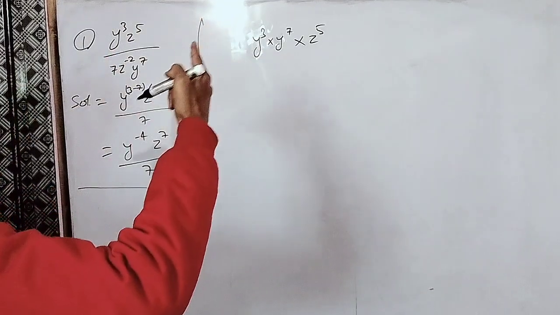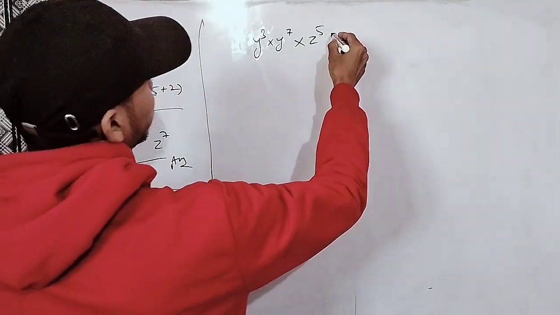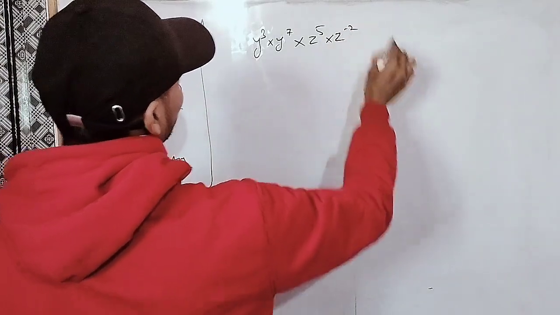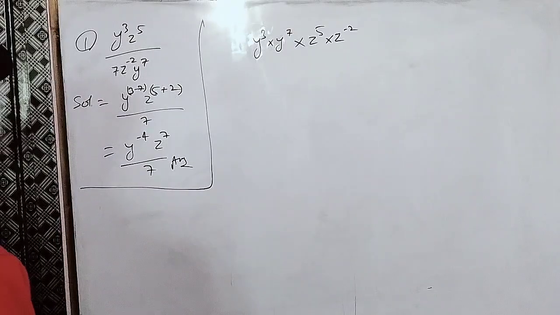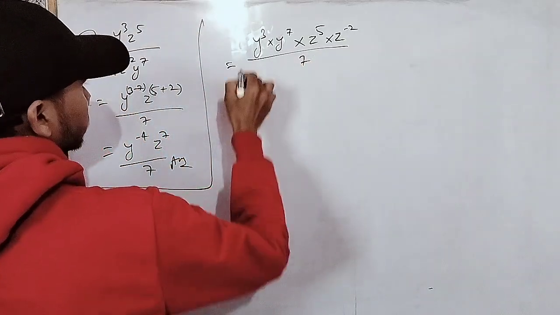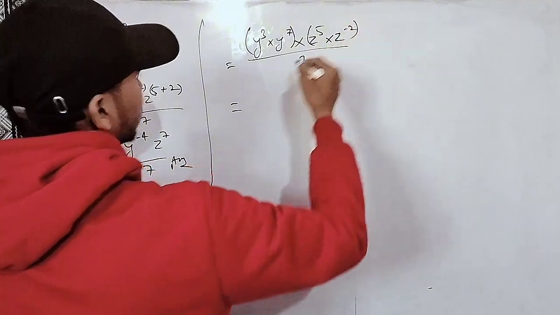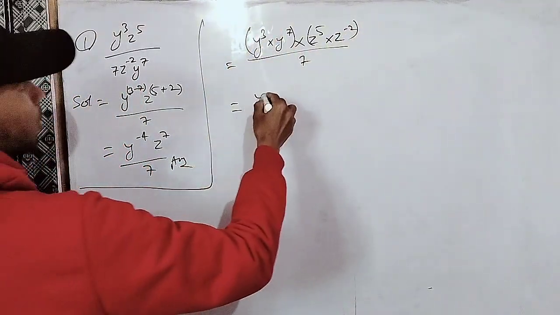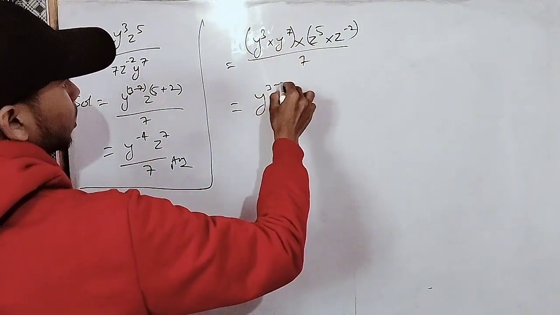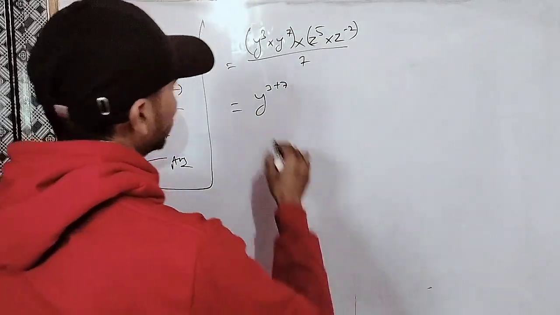So in numerator we will write it how, like that. Am I right? Yeah. And 7 will be upon. Now we have what? Product rule. Then as we know, exponents are added together.